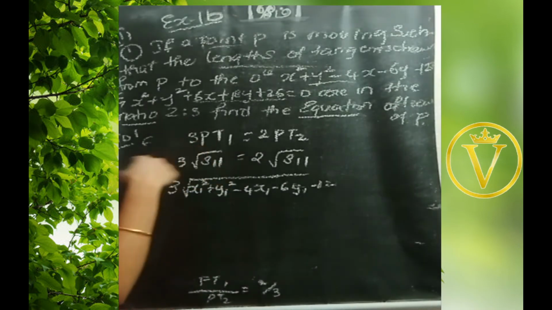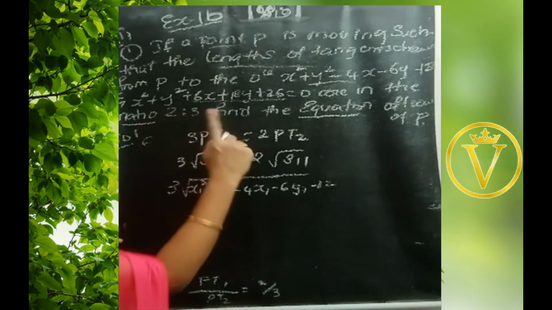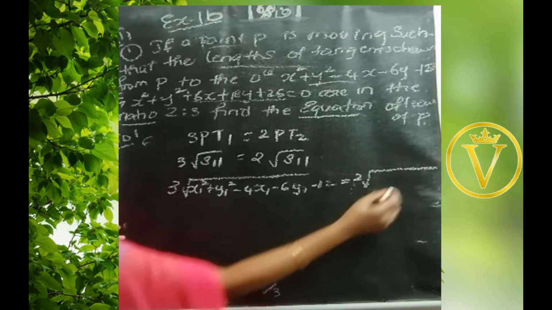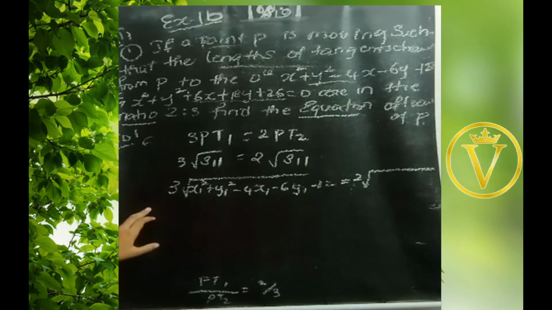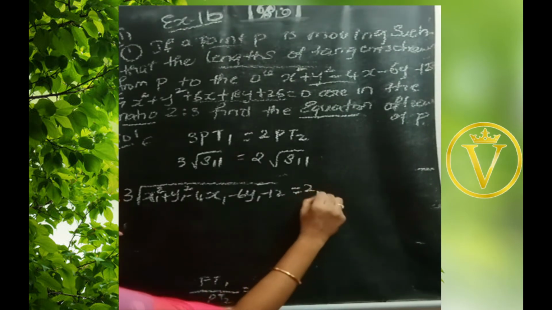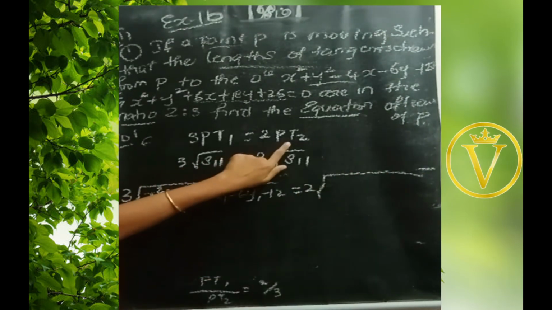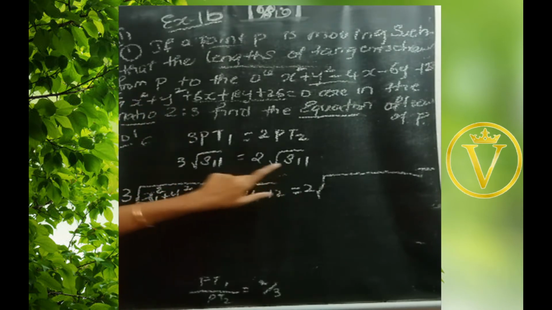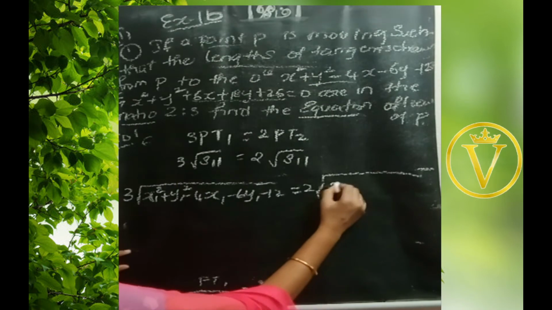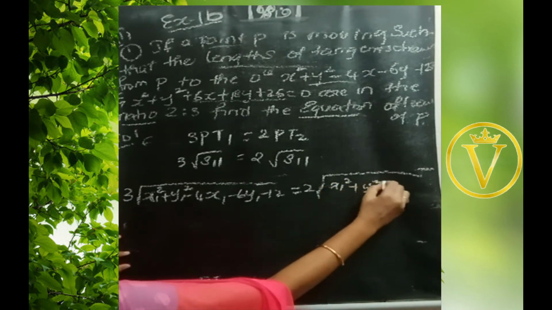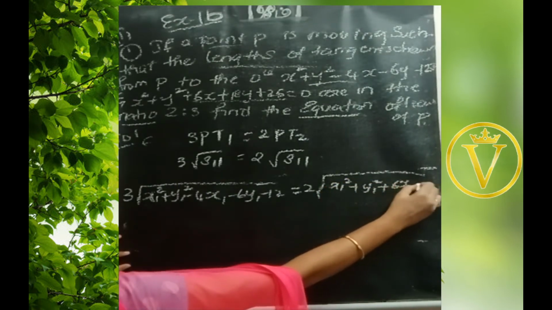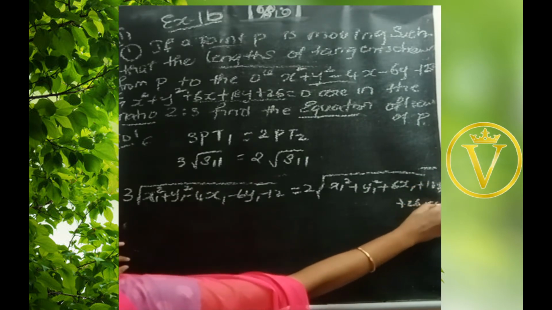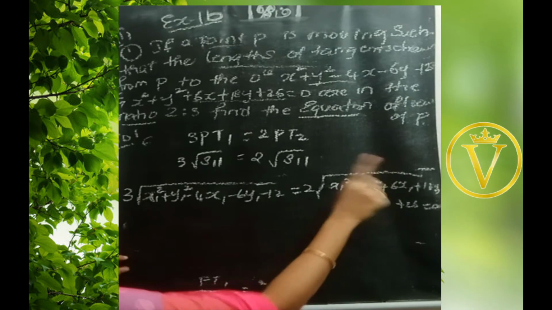Because we have assumed PT1 as the length of the tangent of the first circle, and 2 root of, I will write here, that equals 2 times root of the second circle's length of the tangent. So this S11 is for this: x1 square plus y1 square plus 6x1 plus 18y1 plus 26. See here, this 26 also has a root.